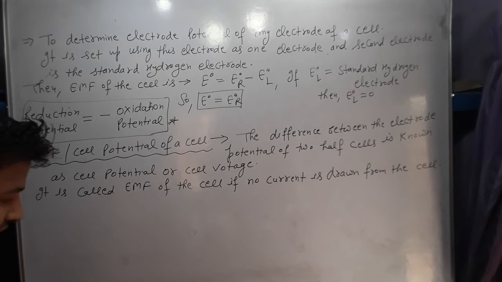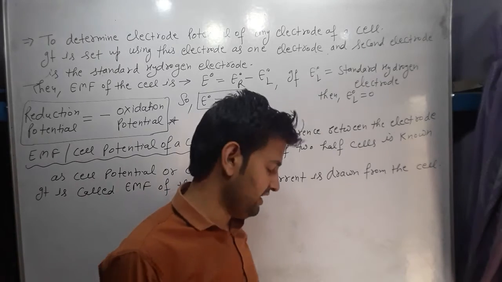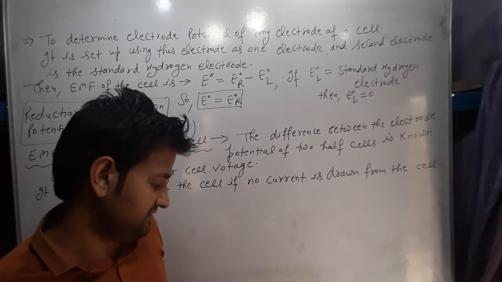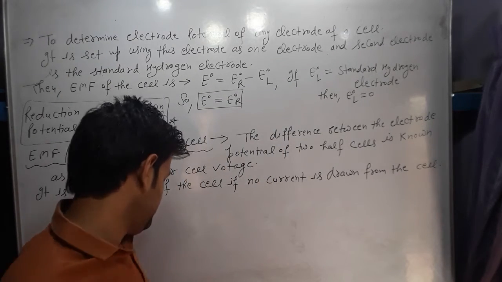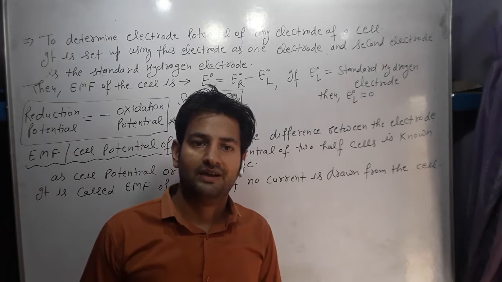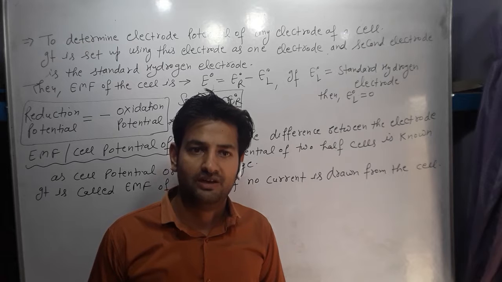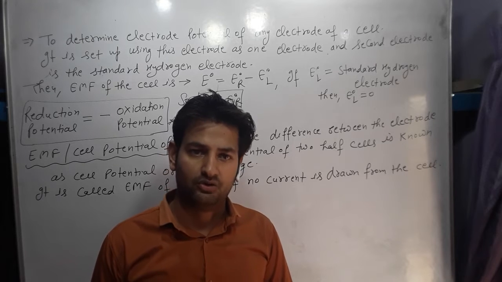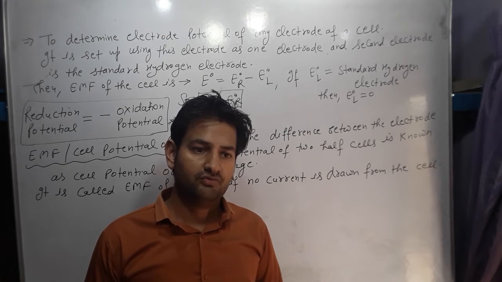Okay students, if we want to find out the electrode potential of any half cell electrode, then we use one electrode as the standard hydrogen electrode and use the other electrode whose electrode potential we have to find out.